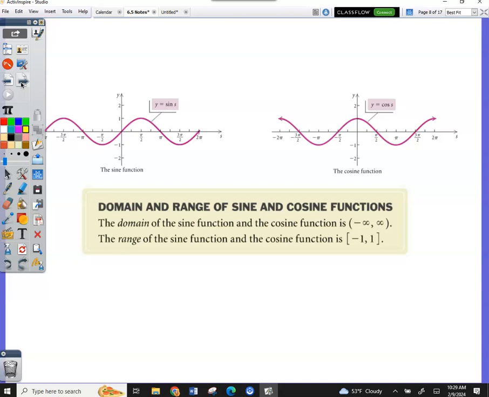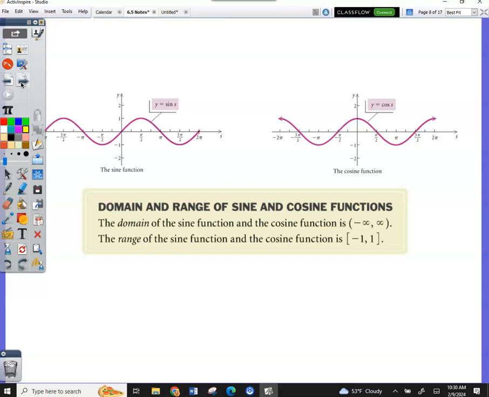If you look at it, you know that they definitely keep going, right? They go out in a horizontal fashion. Now, range. You'll notice it says the domain of sine and cosine is all real numbers. That's because it just keeps going. Shouldn't have a problem there. Range, you have to turn your head sideways. Remember we talked about this. And you're saying to yourself, what is it covering on the y-axis?